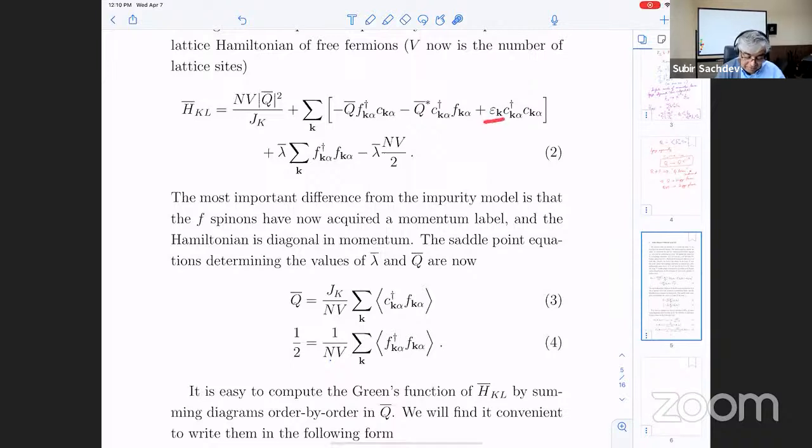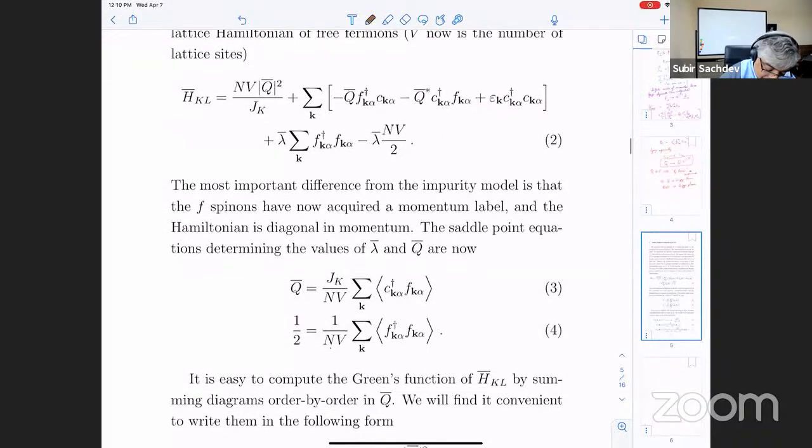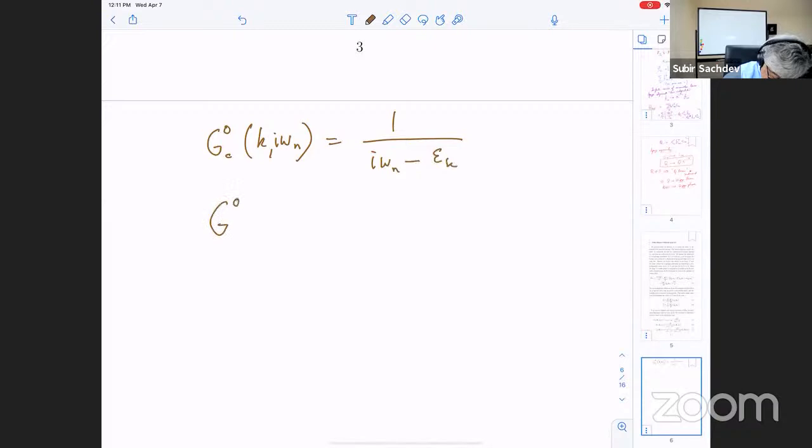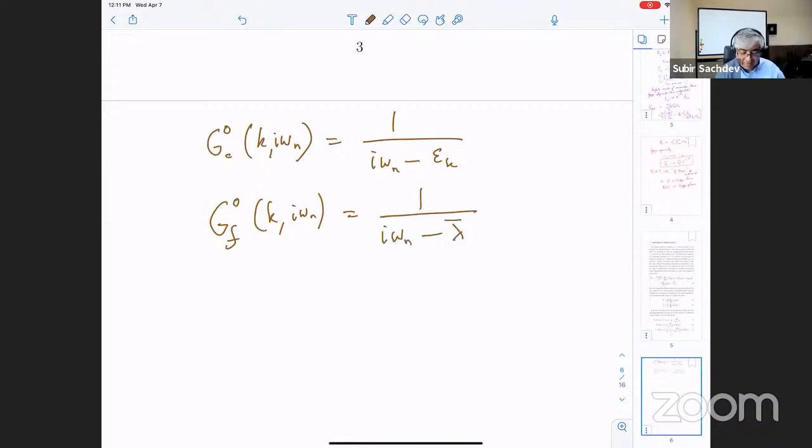You have a bare Green's function, say G0 of C of K and omega n, equal to 1 over i omega n minus epsilon K. And G0 of F will be dispersionless, but I'll imagine it also depends on K: 1 over i omega n minus lambda bar.